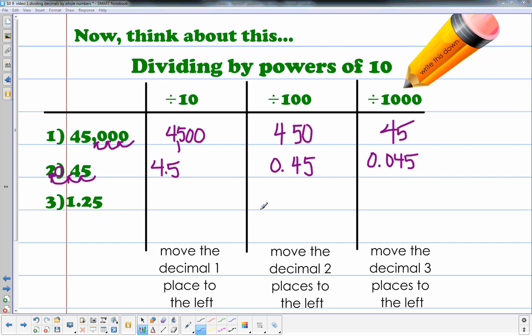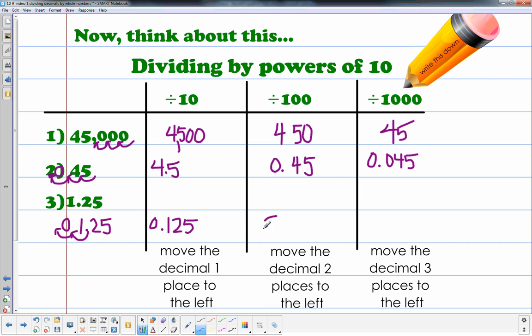Okay, I added some notes down here so you can add them to your spiral. So, I'm going to rewrite it so I have some space. If I move the decimal 1 place to the left, I have 125 thousandths. If I move the decimal 2 places to the left, I'm going to have to fill in with a 0.